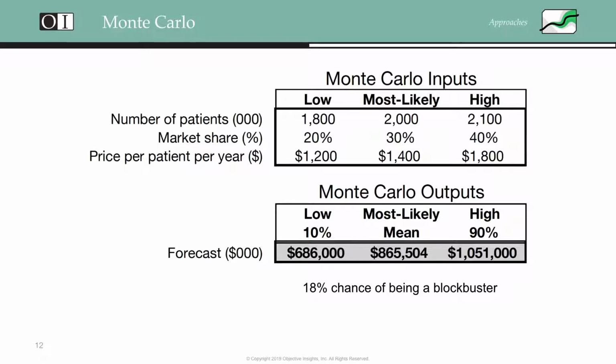So we can say that the low case is $686 million. The most likely case is $865 million. And the high case is $1.05 billion. And we can say precisely that this product has an 18% chance of being a blockbuster.